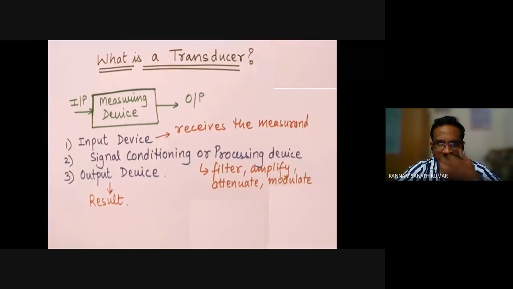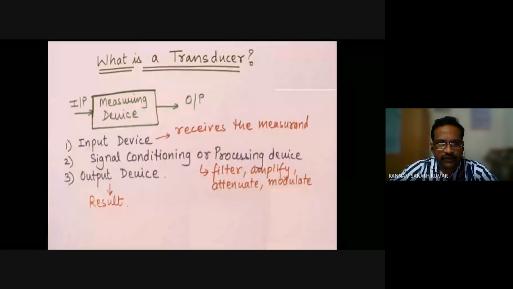It is then given to the signal conditioning circuit, which can filter, amplify, attenuate, or modulate. Whatever processing takes place is held in the signal conditioning circuit, and then you have the output.